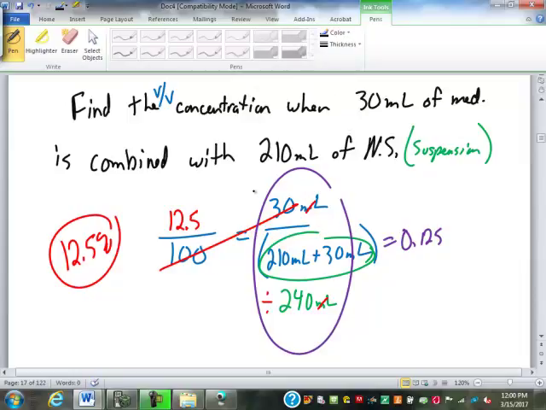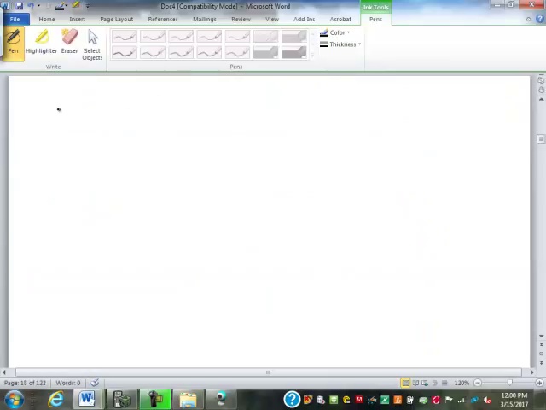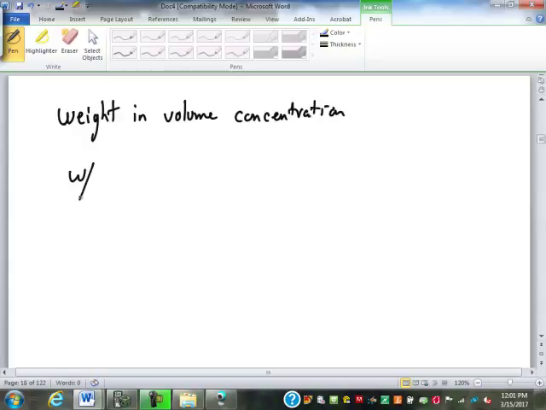Okay, the final type of concentration that we have is a weight in volume. The abbreviation, of course, is W/V concentration.